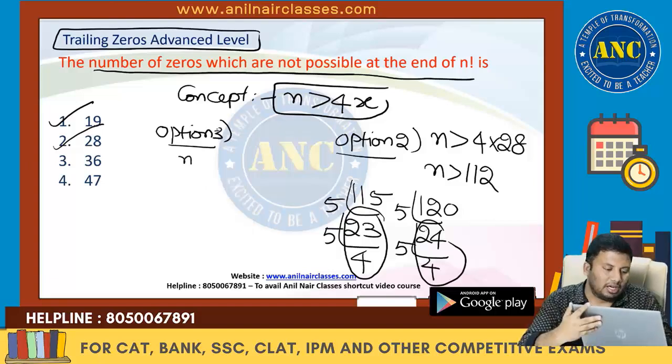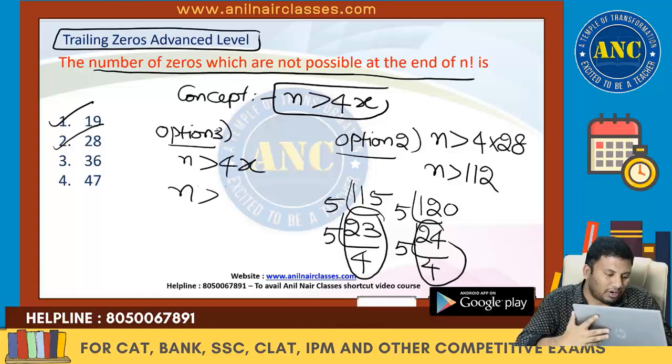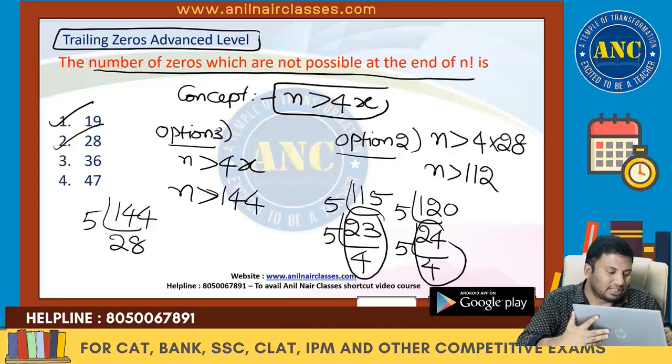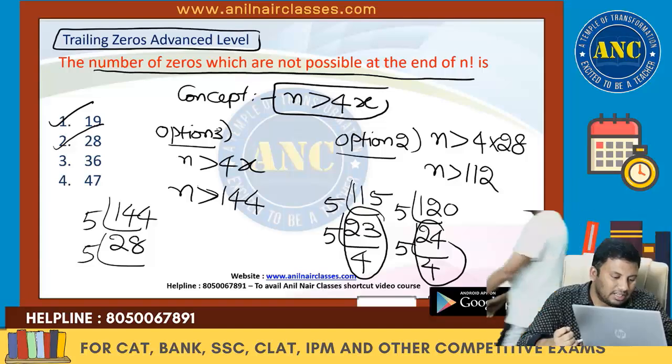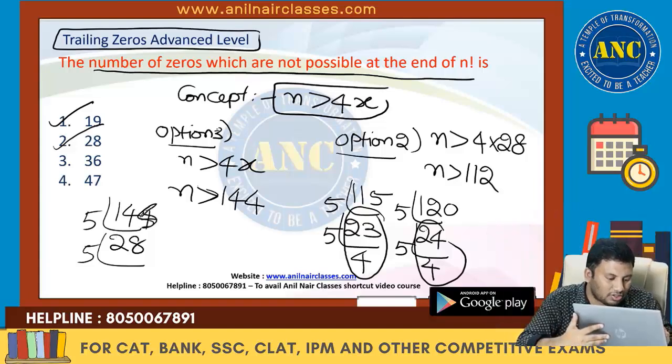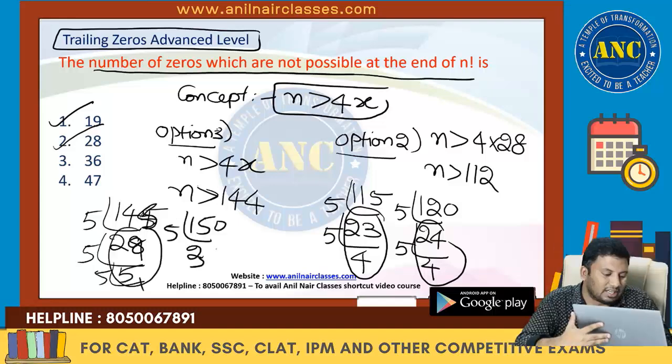Option 3, n is greater than 4x, n is greater than 144. What is the multiple of 5 greater than 144?